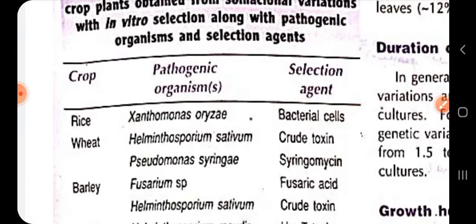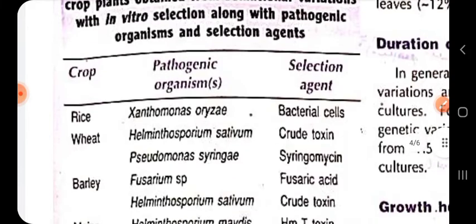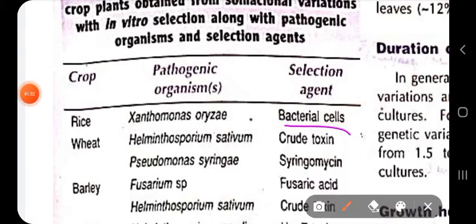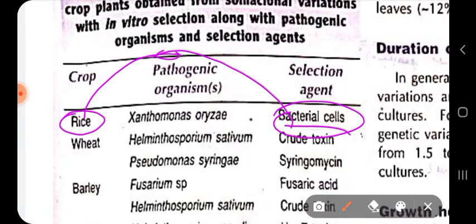For example, for the crop plant rice, the pathogenic organism used is Xanthomonas oryzae, and the selection agent is bacterial cells. So we directly culture the bacterial cells in a medium. The rice plants are grown through tissue culture as callus, then we use a small piece of callus to grow on that medium having the bacterial cells, and we see which callus are growing in those conditions.